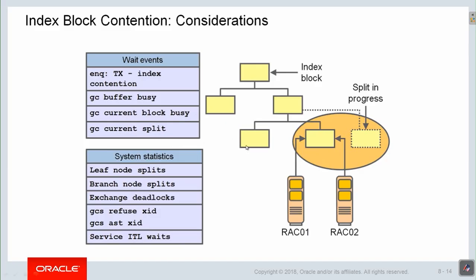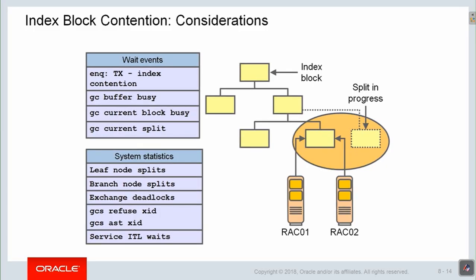In order to resolve this problem, there may be a few solutions. If this is the result of unselective indexes, then identify unused indexes, make them invisible, test it, and drop the unused indexes.